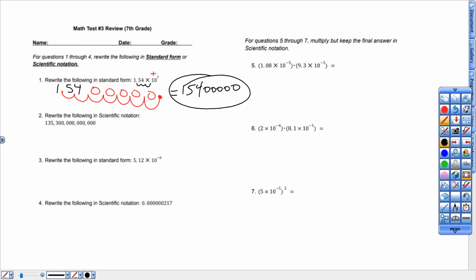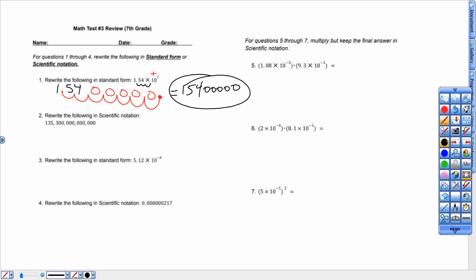So I really clearly counted 1, 2, 3, 4, 5, 6, 7. If you did it the way I did it, you should have 5 zeros in there. You got that? 1, 2, 3, 4, 5. Good. If this was negative 7, you would have moved it that way.